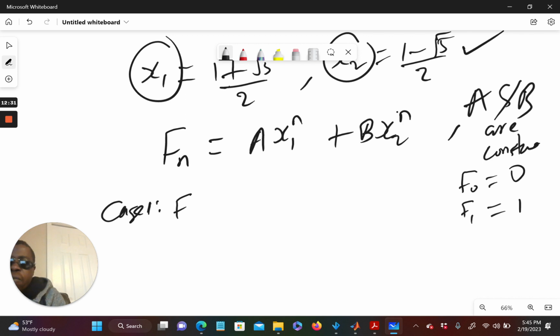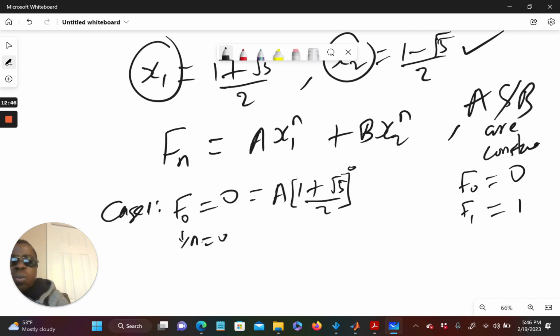So case 1, you have f0 equals 0. In this case, your n equals 0, right? So that will be a times 1 plus root 5 over 2 raised to power 0, because your n is 0. See that?